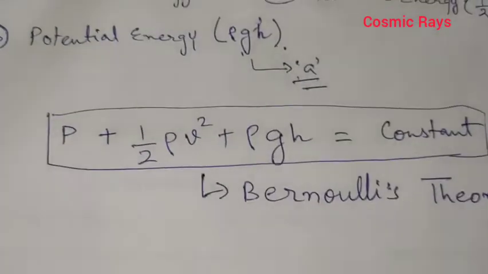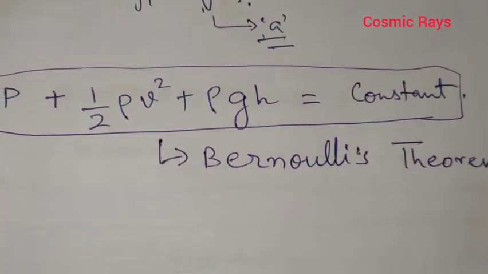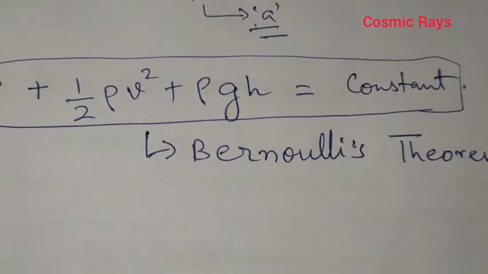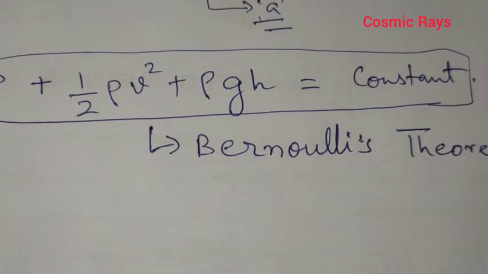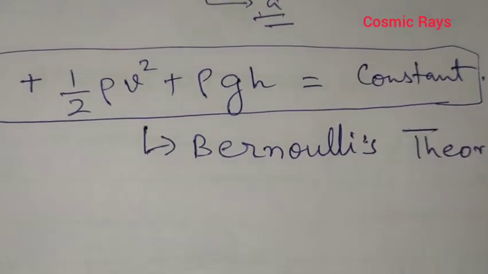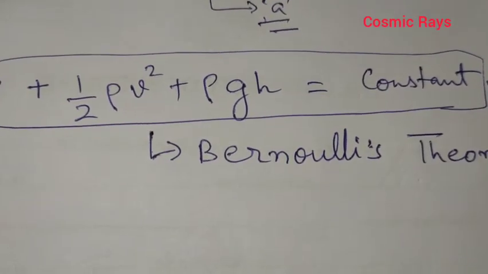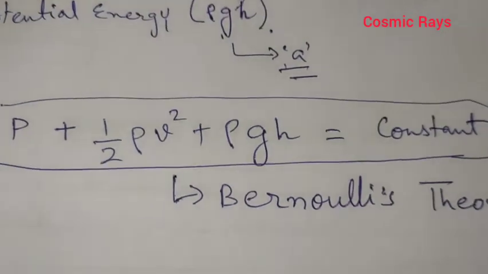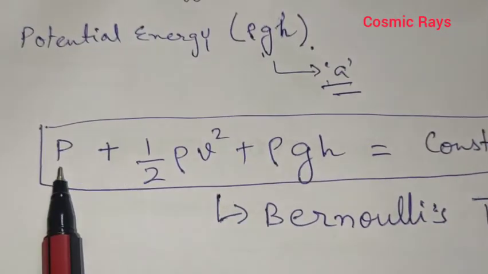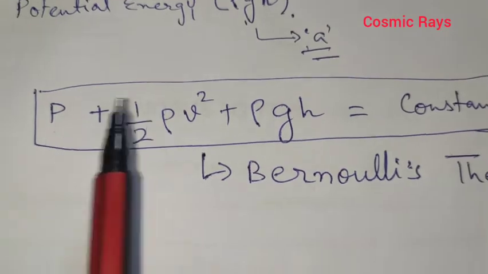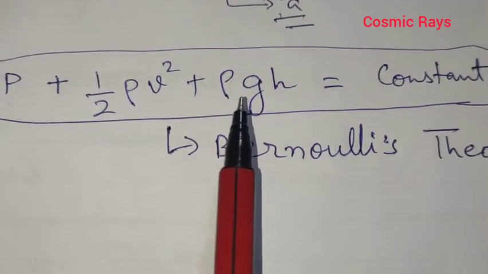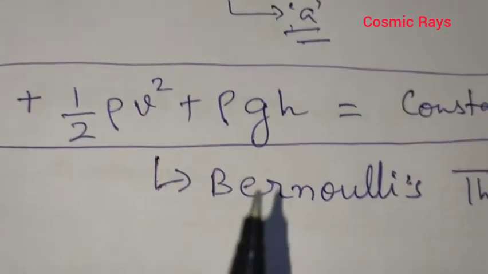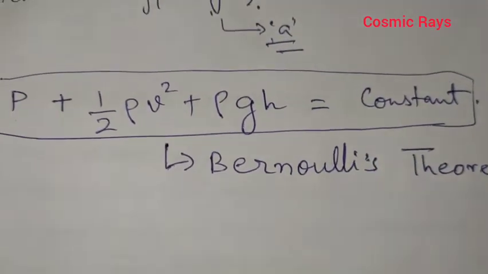Now the statement is given as, when an incompressible and non-viscous fluid flows in a streamlined motion from one place to another, then at every point of its path, the total energy per unit volume, that is the sum of the pressure energy, the kinetic energy and the potential energy, will always remain constant.